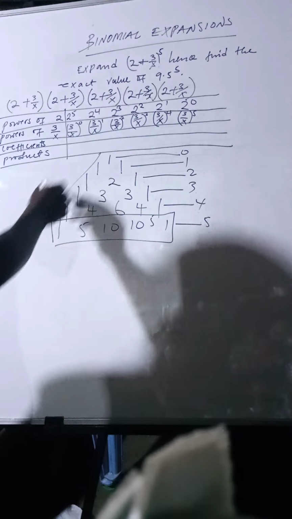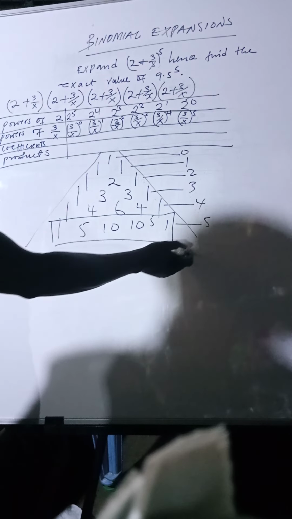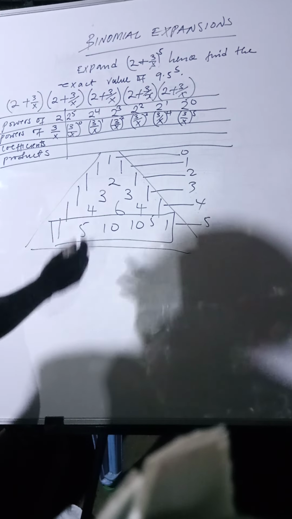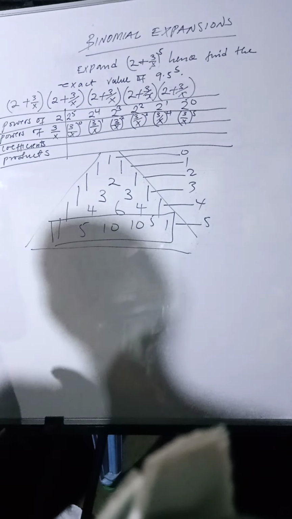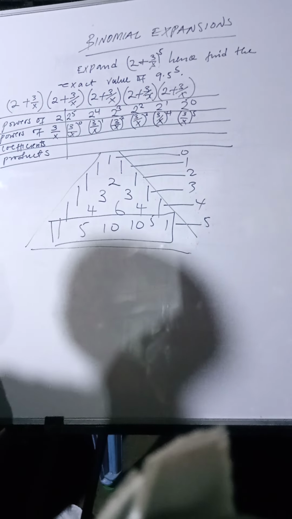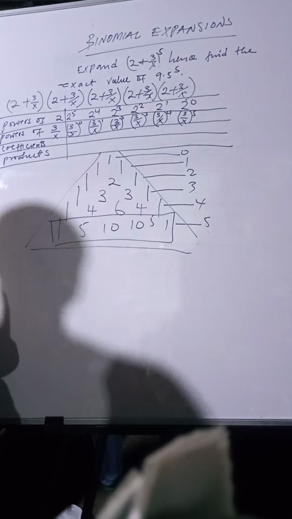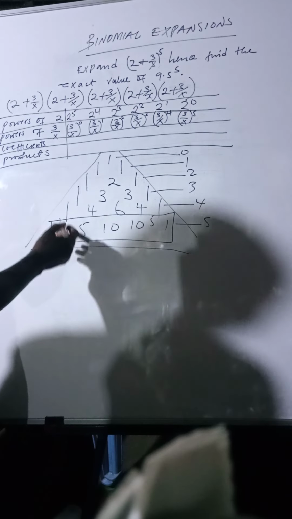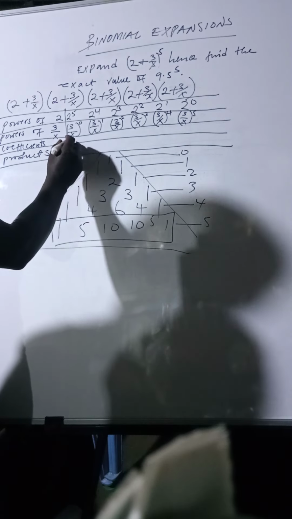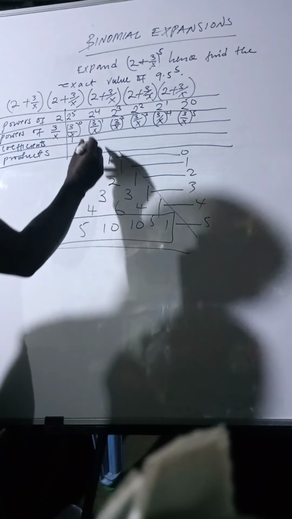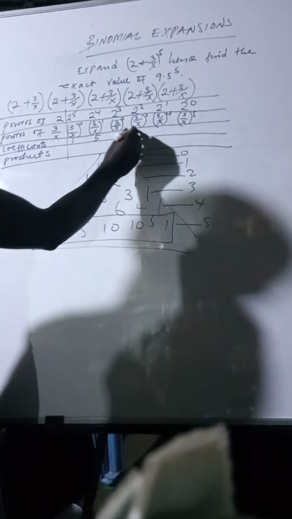So he came up with this idea to help us find the coefficient forming a triangle. Therefore, these are the coefficients. Now, first one there is 1, then 5, 10, 10, 5, 1.